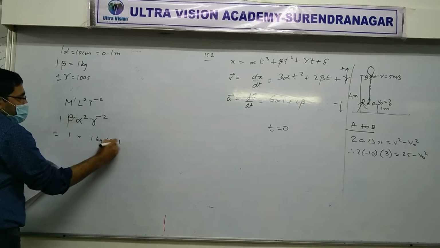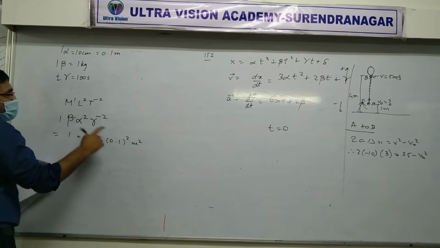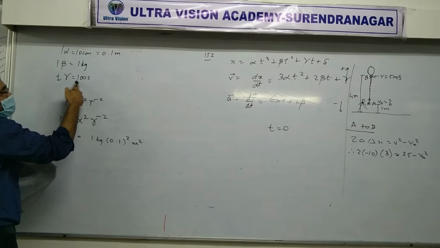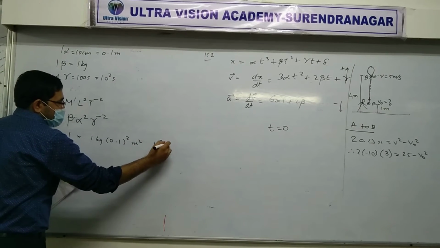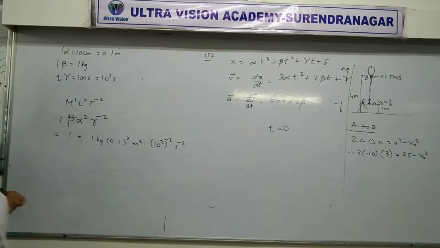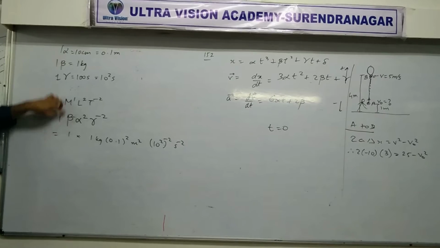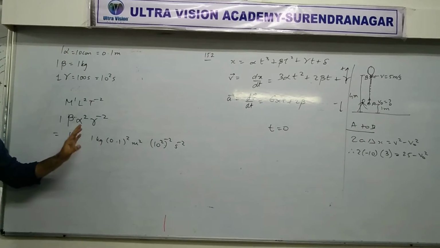So this is going to be 0.1 square, and that would be meters. Then gamma raised to minus 2. Gamma means 10 raised to 2 seconds, so 10 raised to minus 2. Do you understand what that means? I have put the value of beta as 1 kg, alpha as 0.1 and so on.